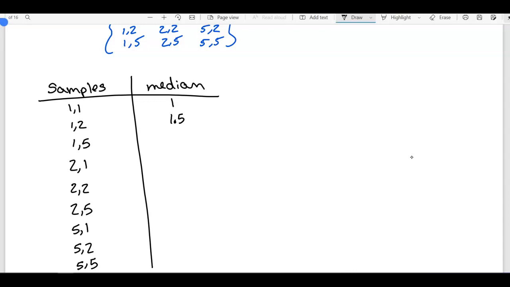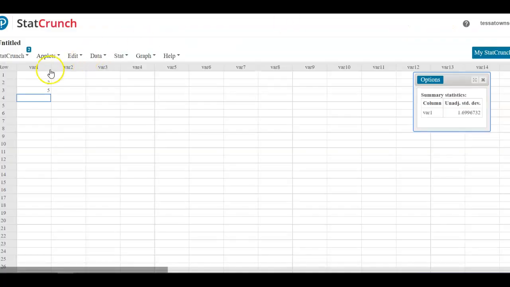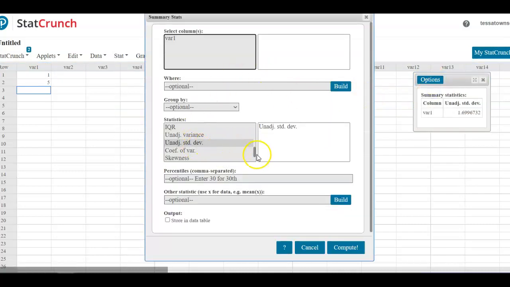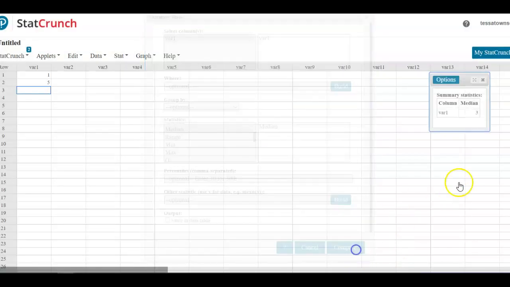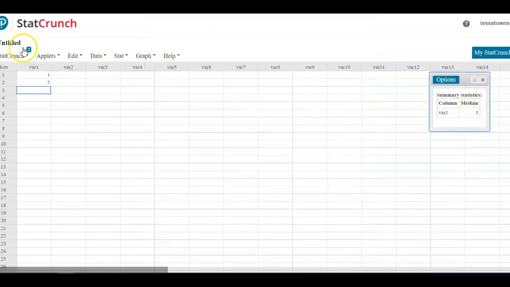We could also do this in StatCrunch if we wanted to, if you're not sure. We could list our sample, and then choose the median option down here. So the median is 3.